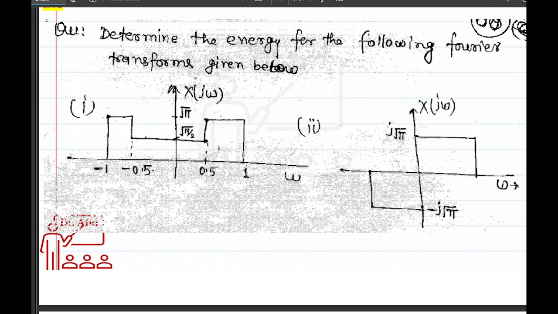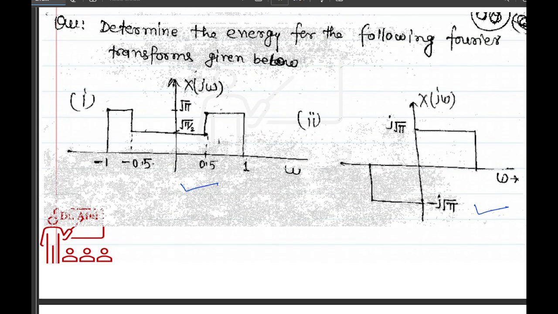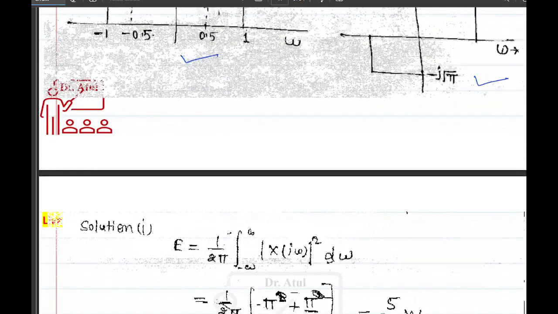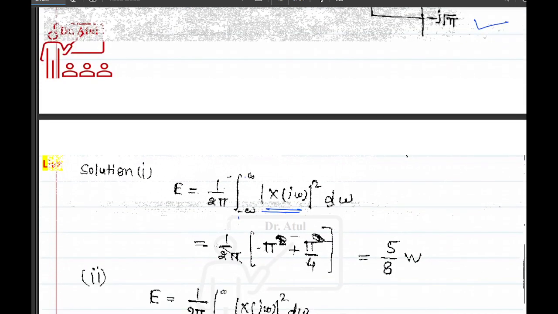Here it is asked to determine the energy if the Fourier transform is like this. This is one Fourier transform, this is another Fourier transform. The procedure is very simple. You have to take just the square of the values given. Here you can see 1 upon 2 pi times the integral of |X(j omega)| squared. So we don't have to worry about the minus.